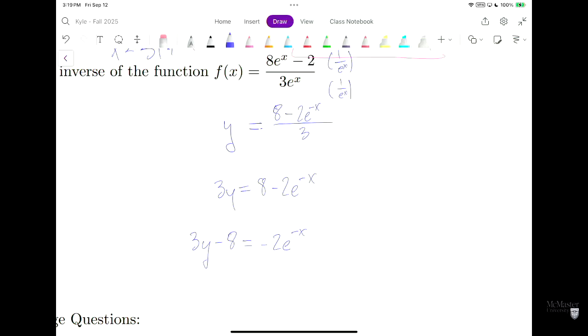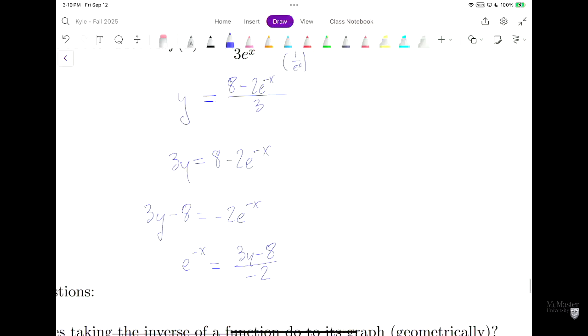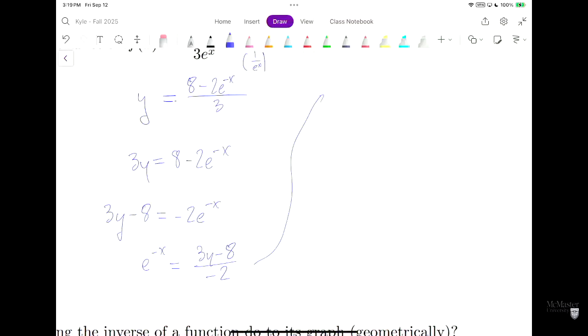We'll divide both sides by negative 2. So e to the negative x is equal to (3y minus 8) over negative 2. We'll take the log on both sides. So negative x is equal to the log of (3y minus 8) over negative 2. For anyone writing on pencil and paper, sorry, I know that hasn't gotten the copy-paste update yet. And thus x is negative log of that value.